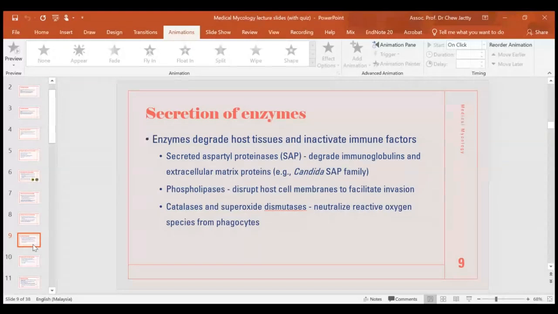This is a very oxidative stress environment. So fungi counteract that by producing different enzymes such as catalases and superoxide dismutases. This type of enzyme you see in bacterial cells too. So you'll see a lot of similarity in terms of virulence factors for bacteria and also fungi.